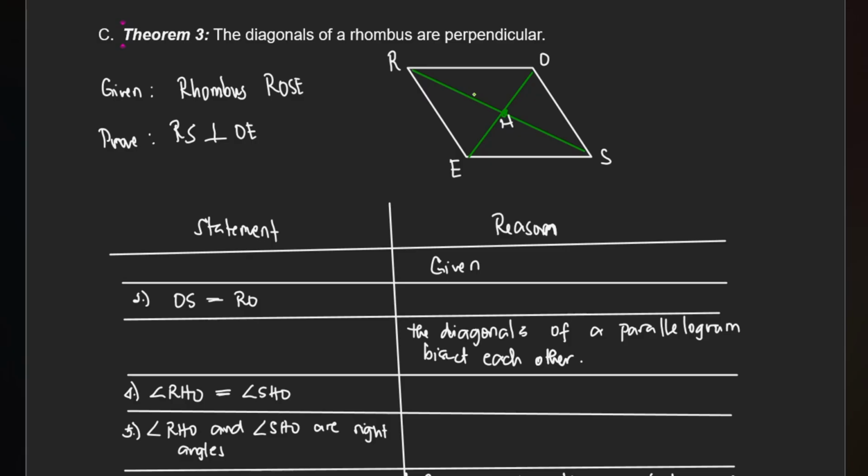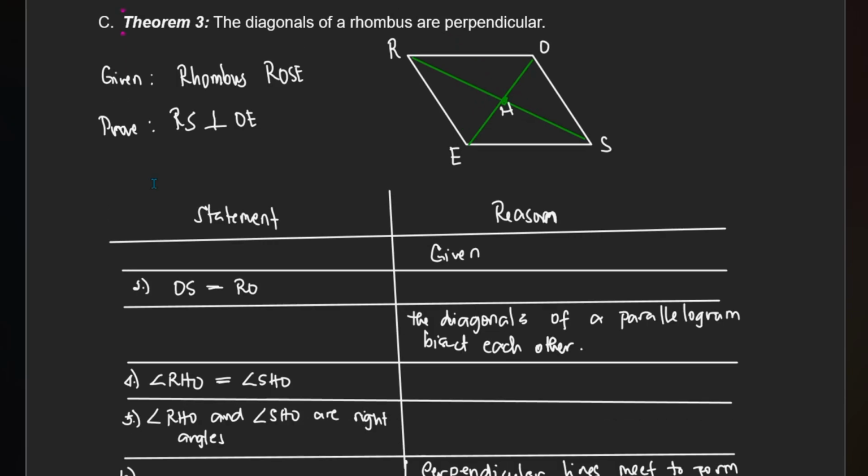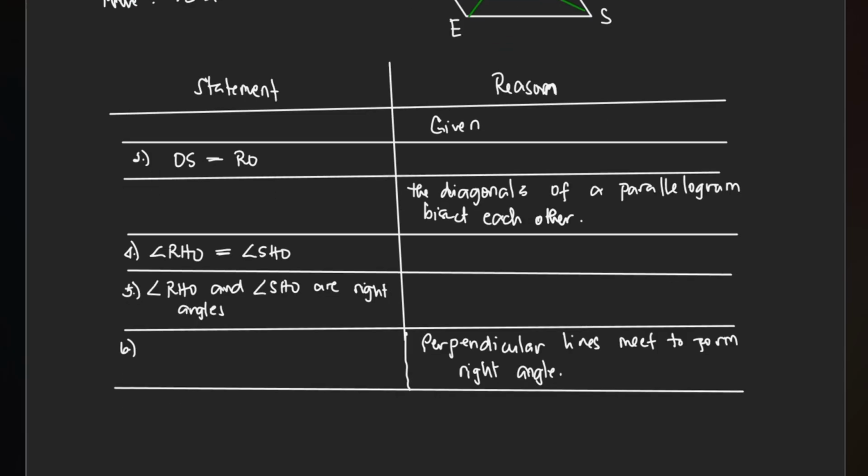Okay? Now, we have here the statements and also the reasons. So you can pause this video and copy the problem. Alright, now let's proceed with providing the missing information based from our statements and reasons.